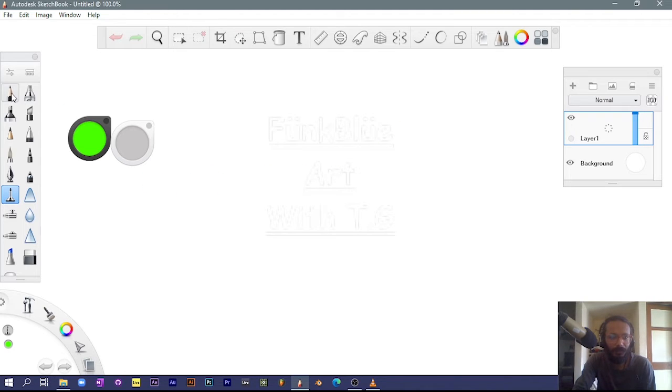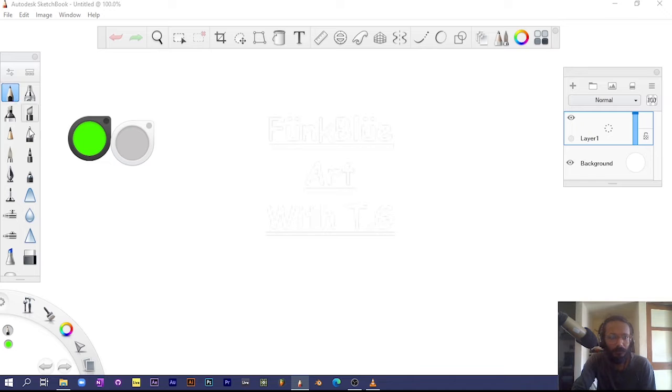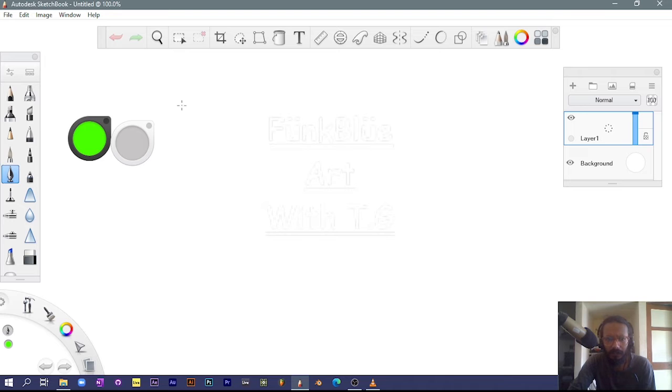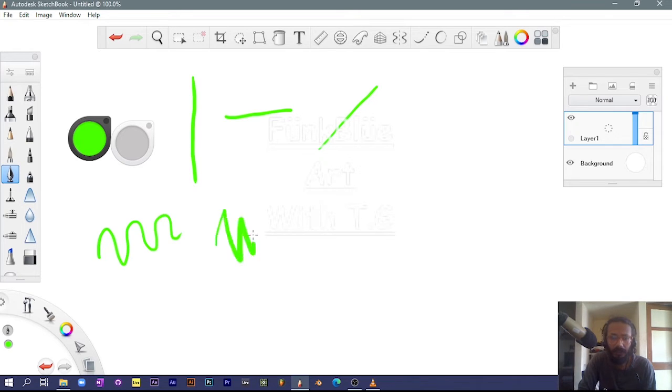So we are going to use, let's say, a pen tool, and we get to learn about the different lines, that is vertical, horizontal, and diagonal lines. And we have different characters of lines like wave lines, zigzags, scribblings, and dotted lines, indicating lines.